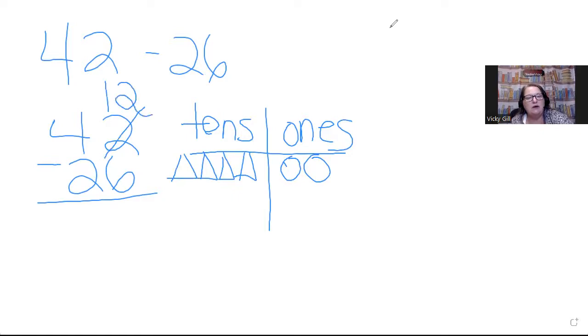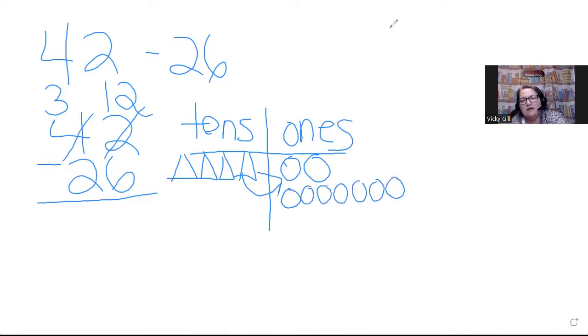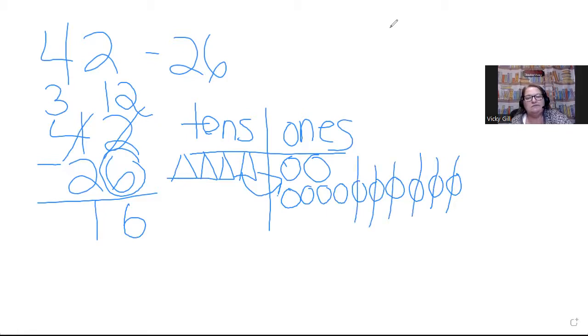I'm going to have to borrow, moving this over here, so I'm going to have to add a 10. 1, 2, 3, 4, 5, 6, 7, 8, 9, 10. 12 minus 6, 16. And we know we're subtracting 6. 1, 2, 3, 4, 5, 6. And we have 6 left over.